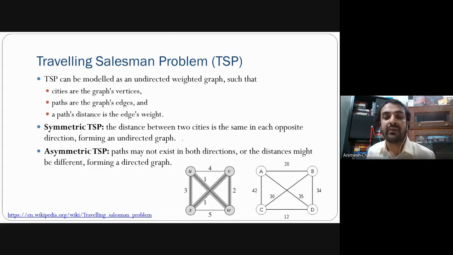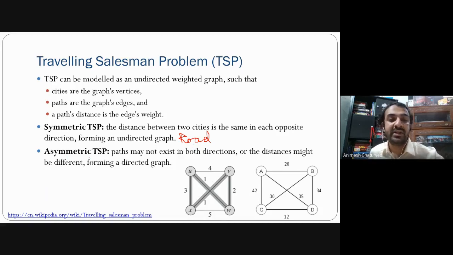So forward or backward would have the same distance and the same investment required to travel. Basically, this forms an undirected graph. The example of this is roads. Roads have almost the same distance going forward and backward.